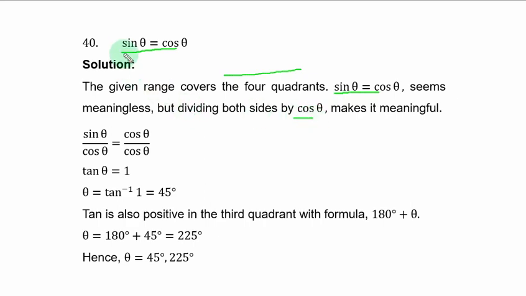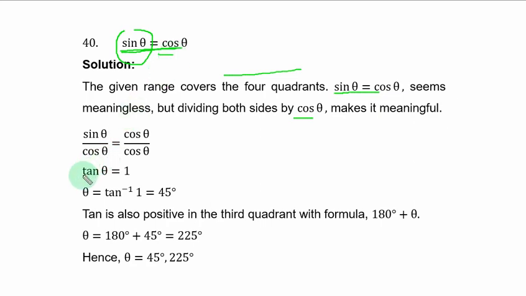So you divide both sides of this equation by cos theta. Why cos theta? Because we should know that if this place becomes sin theta over cos theta, that is tan theta, and here becomes 1, then you can get theta easily from that.